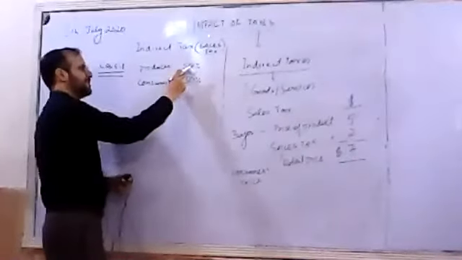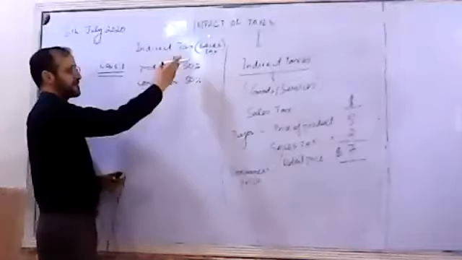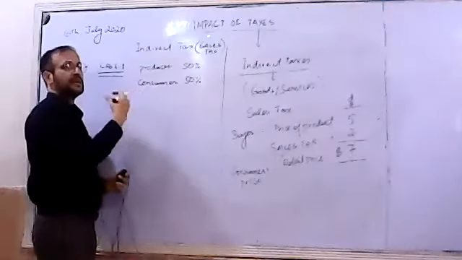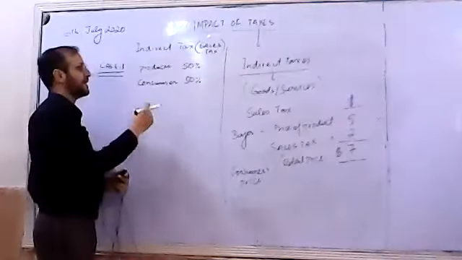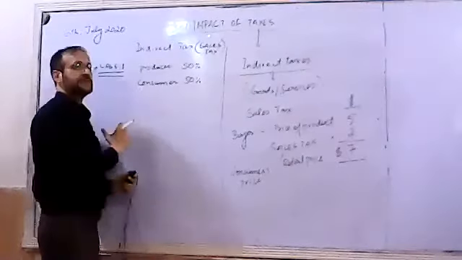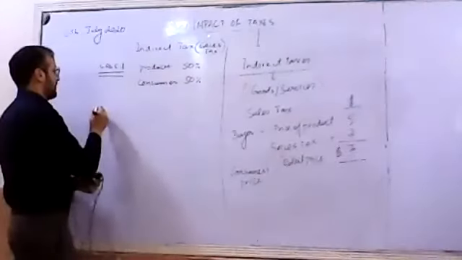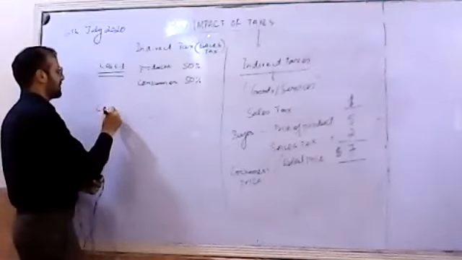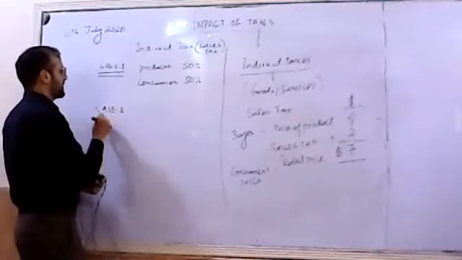So 50% is the burden of the tax which the producer says they are going to pay themselves, and the other 50% they transfer to the consumer. We're going to take another case, which is going to be known as case 2.